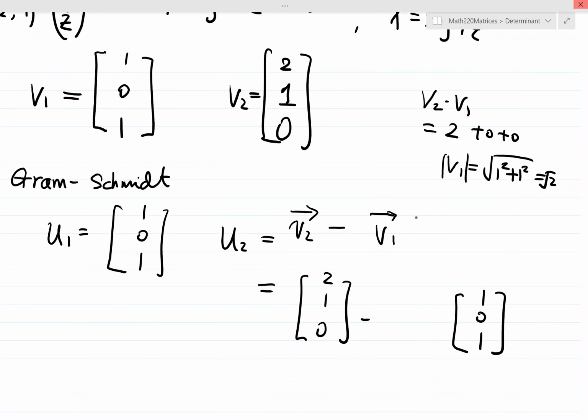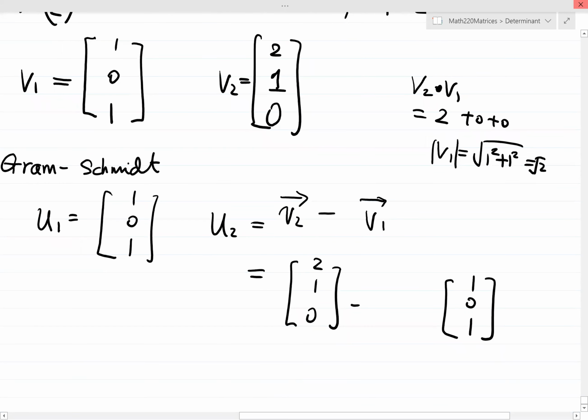Then the dot product is... did I get something wrong?